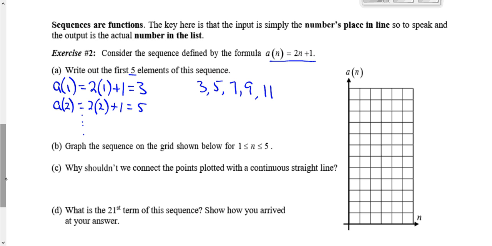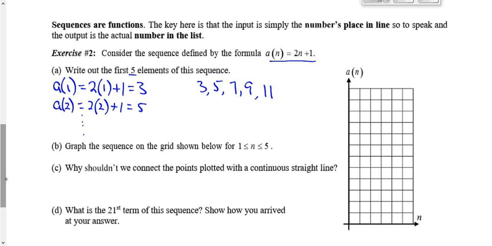Well, what does the line indicate when you have it on a graph? If you connect 2 points with a line, what are you saying? There are in-between values, right? Are there any in-between values here? No. It's just these points themselves. So we're only going to plot the actual points, right?